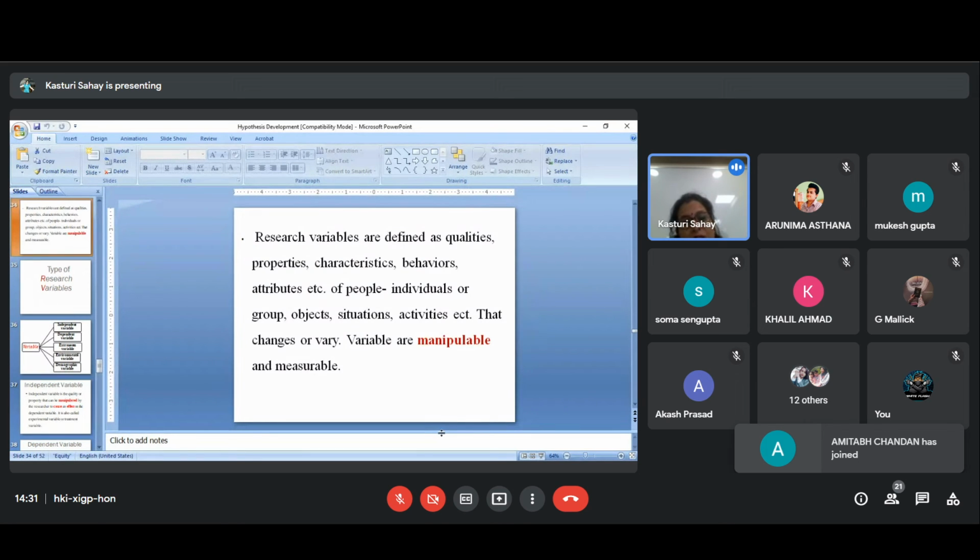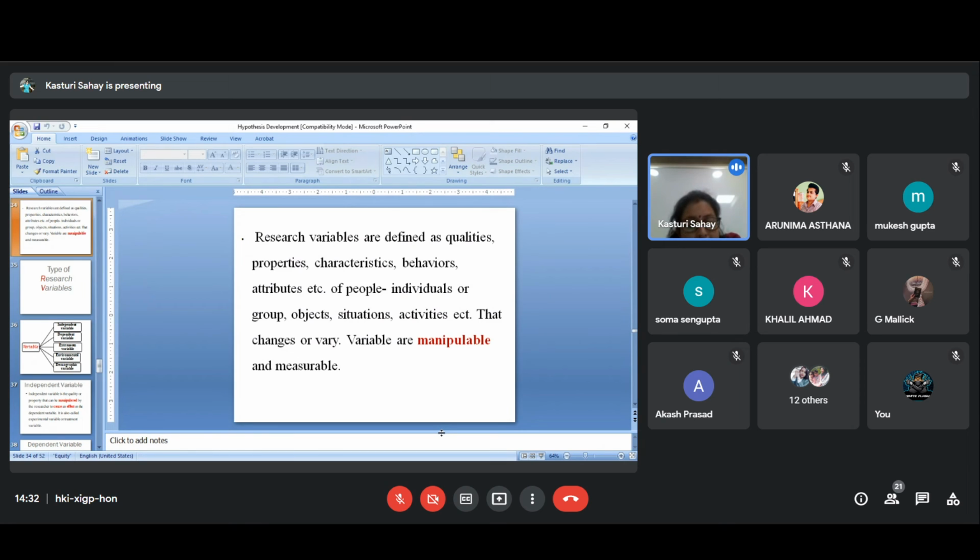So when you are able to study the quality or the property or characteristics of those people, of those elements in your sample, which could be either people or group or object or an event or an activity, these variables change. The value of these characteristics keeps on changing. It means that there is no fixed value to it, right? So that is what a research variable is.